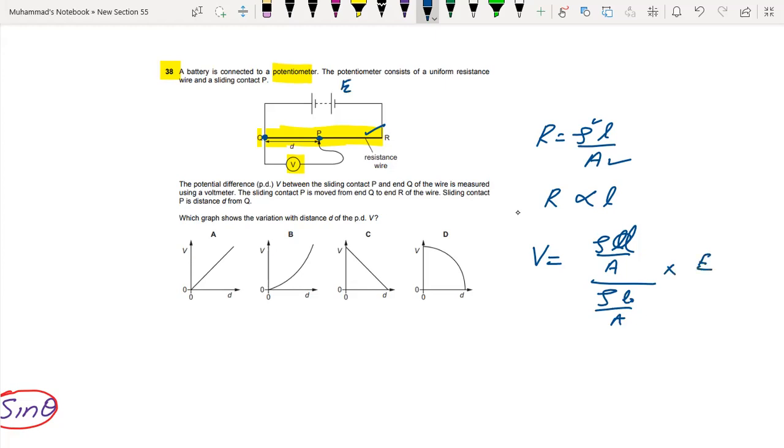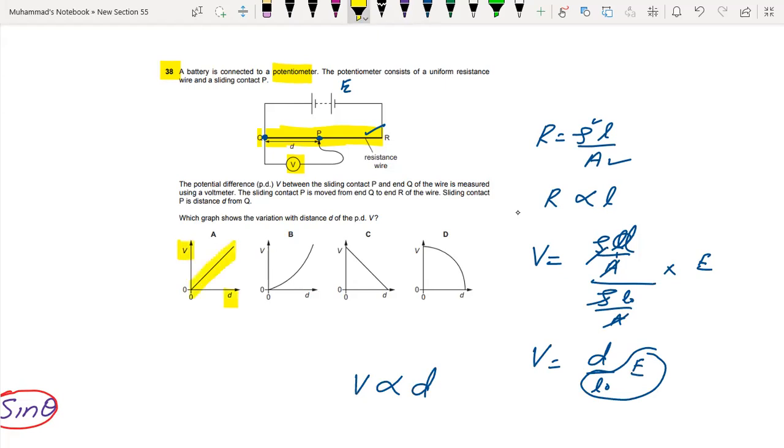You know that. Then this would cancel out. The potential difference is D over L naught times E. So the EMF E is same, L naught is same. So the potential difference is directly proportional to D. So the graph between V and D is a straight line. So again, a very important question.